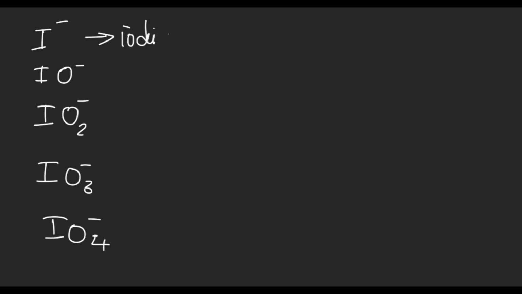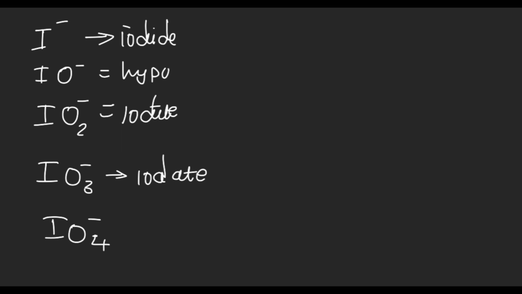It's monatomic, so we have iodide. Then for this one will be iodate. We'll have iodite. Then hypoiodite. Then periodate.